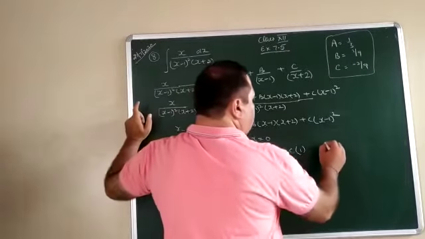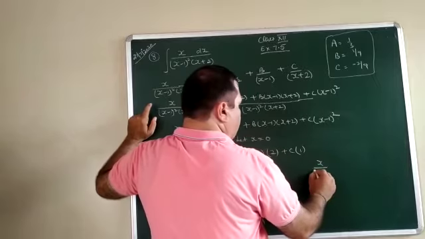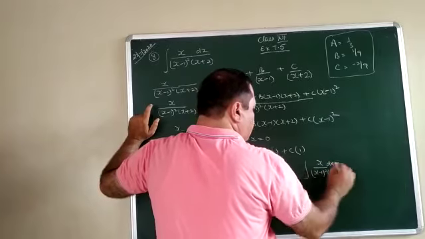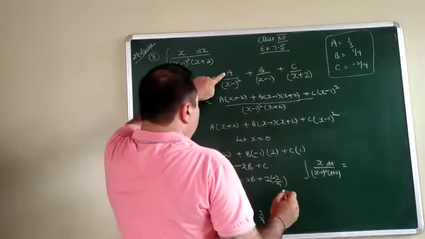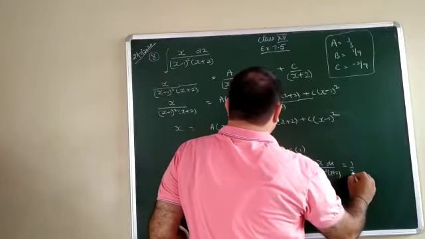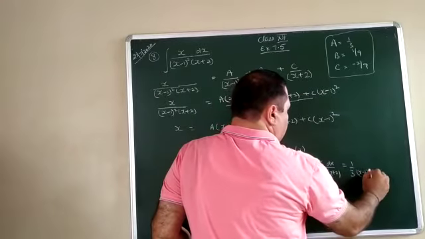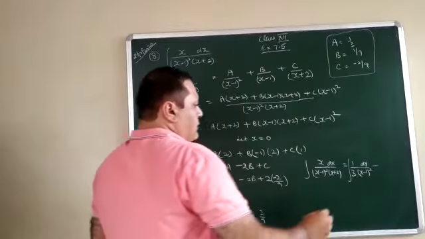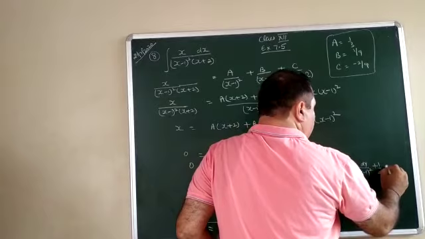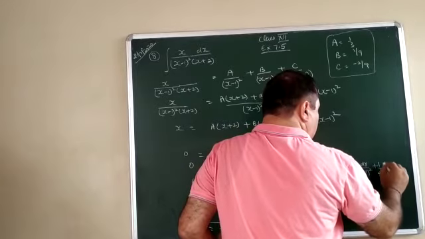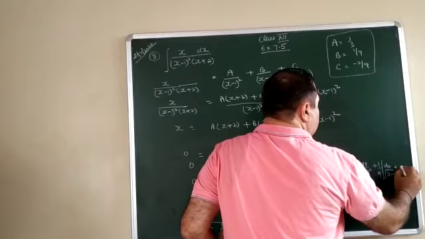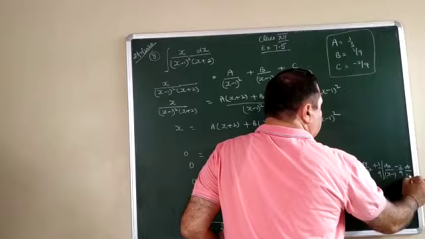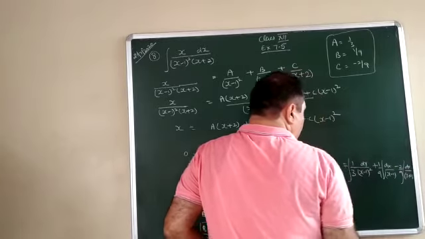The integral of x upon (x minus 1) whole square into (x plus 2) dx is equal to a, which is 1 upon 3, integration of dx upon (x minus 1) whole square, plus b, which is 1 by 9, dx upon (x minus 1), plus c, which is minus 2 by 9, dx upon (x plus 2). This is the integration.